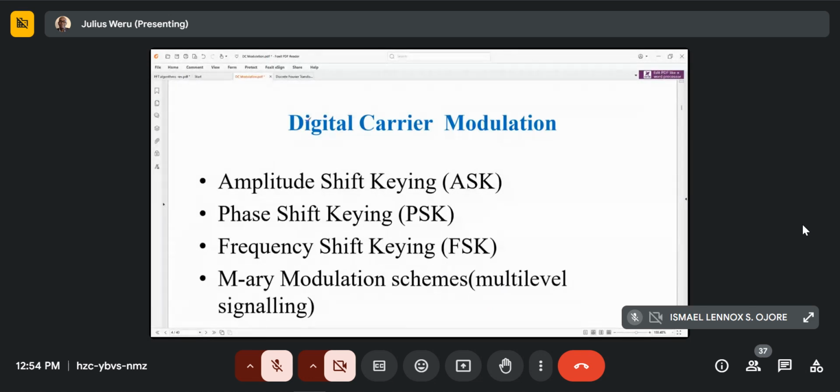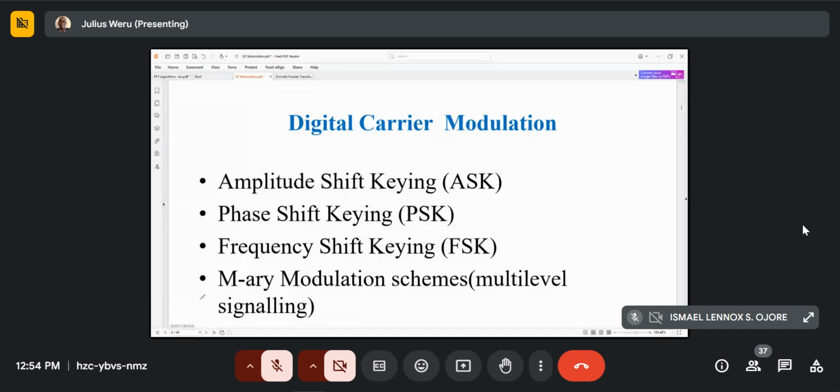When you talk about multi-level, you have many signals, many symbols. The signal or symbol is what carries your information, your zeros and ones. In binary, you have only two levels.